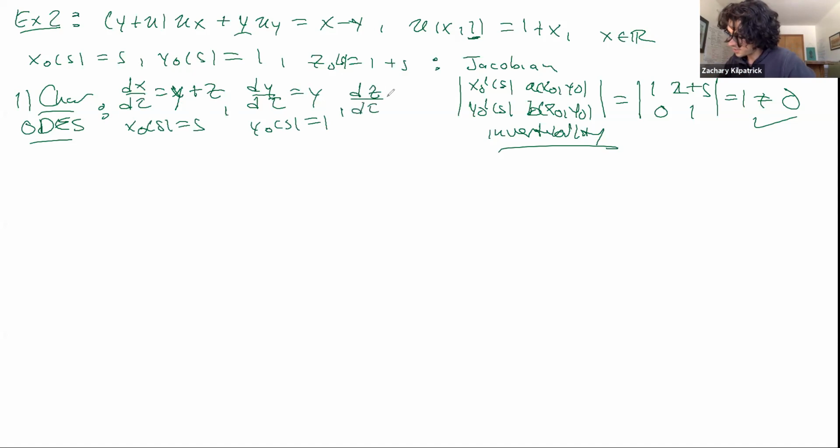And dz d tau equals x minus y, z0 of s is equal to 1 plus s. So this is a little smooshed here, okay?